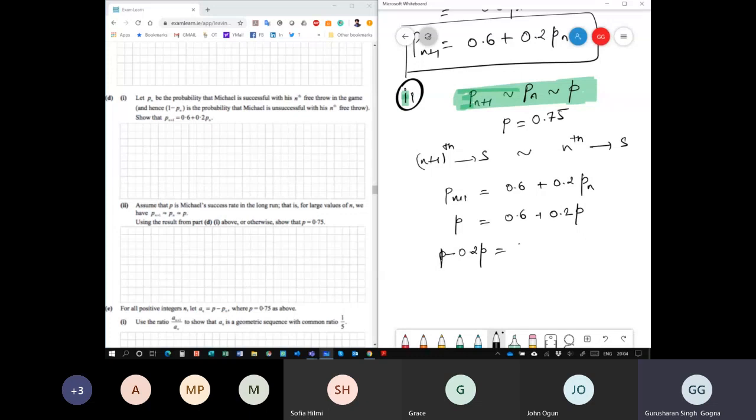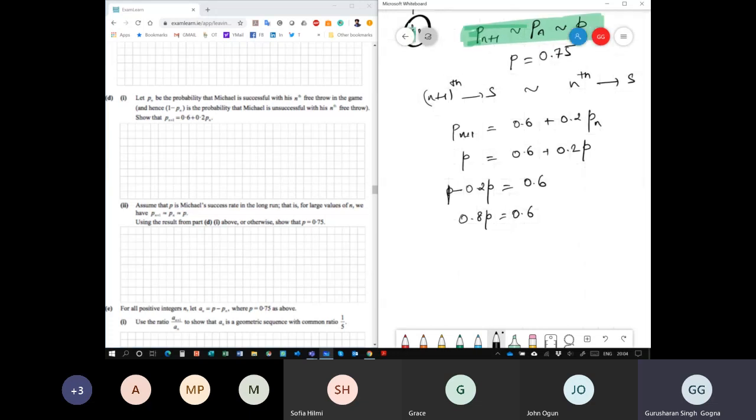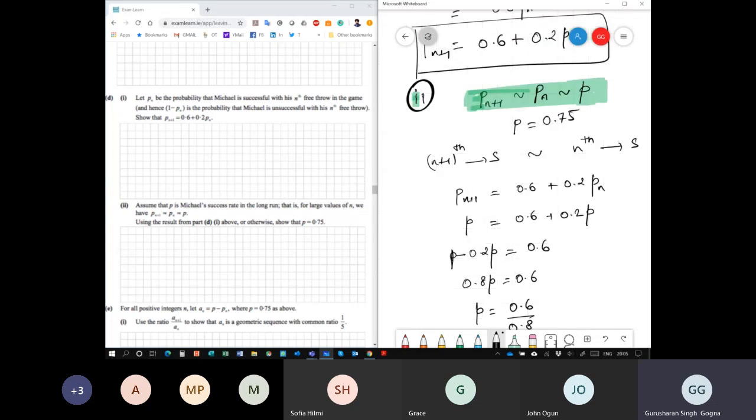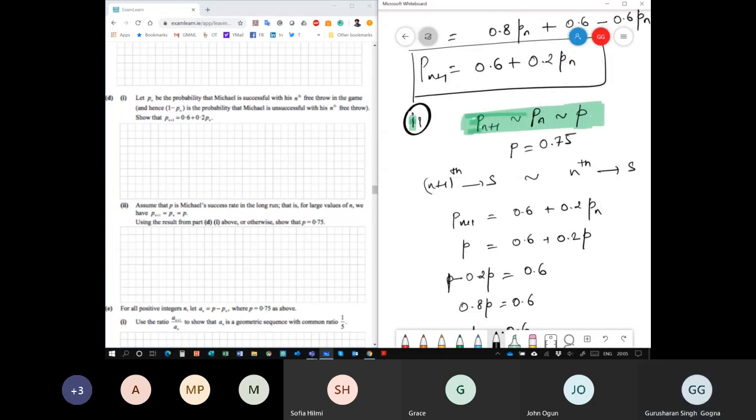It's a simple linear equation. This will give you 0.8 P, and then P is equal to 0.6 over 0.8, and 0.6 over 0.8 is equal to 0.75. This is how you need to prove it. You just use this approximation, substitute in the previous formula, and get the answer.